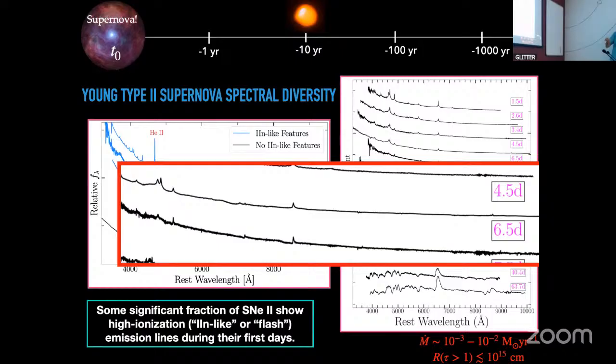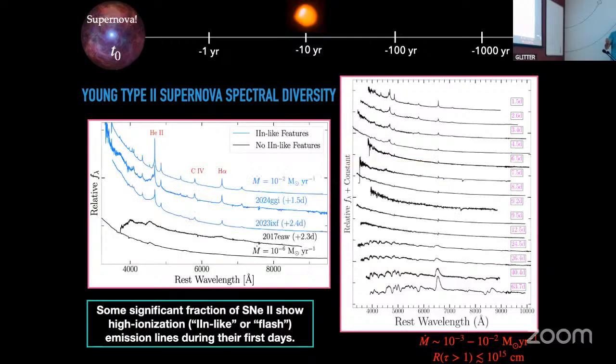This is the point where the CSM becomes optically thin, and then we've reached the look back time, so 6.5 days, multiplied by the shock velocity, and you can get the look back time from that. You can understand how long before explosion this dense CSM was created. This is something that the red supergiant was doing in an enhanced state before explosion. But I just want to point out that if we look at two type 2 supernovae at the exact same phase, they can be very different.